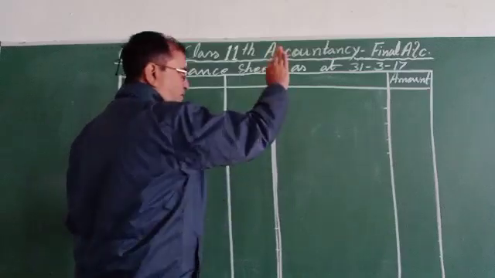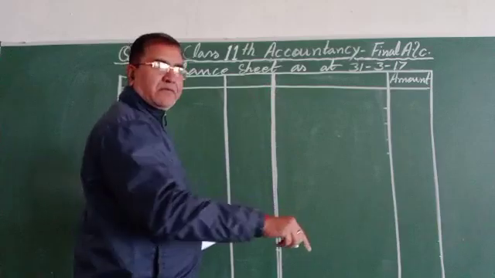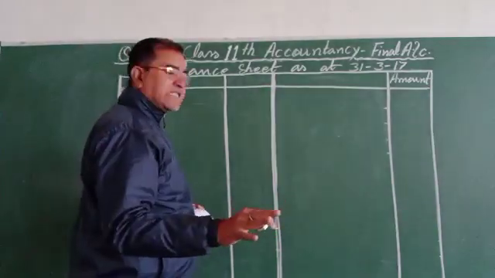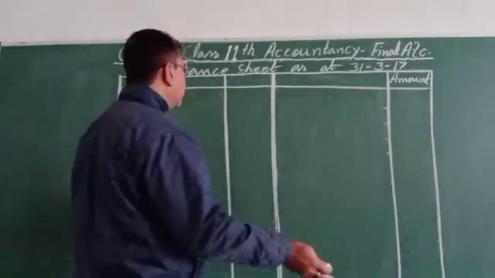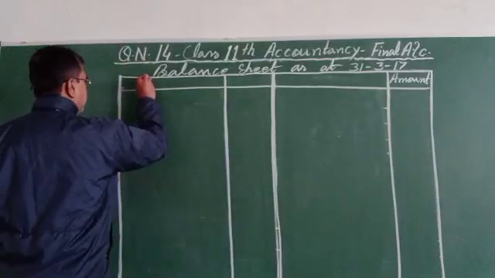Now first you have to draw the columns of the balance sheet, the assets column on the right hand side and the liabilities column on the left hand side.